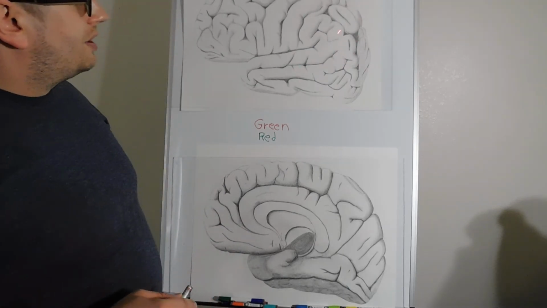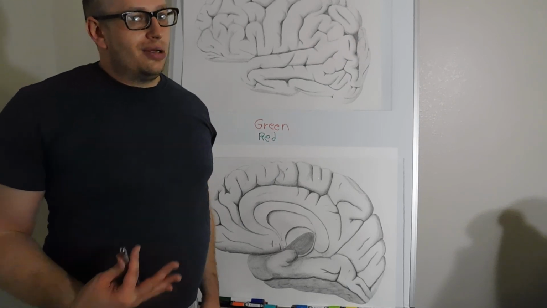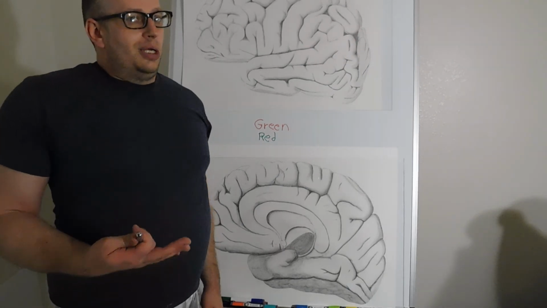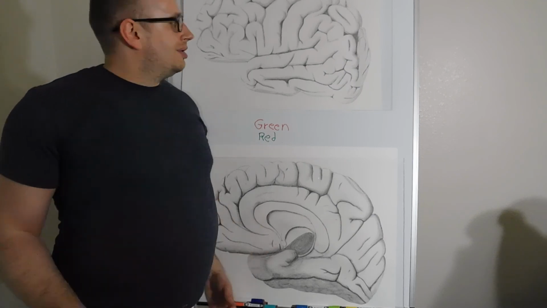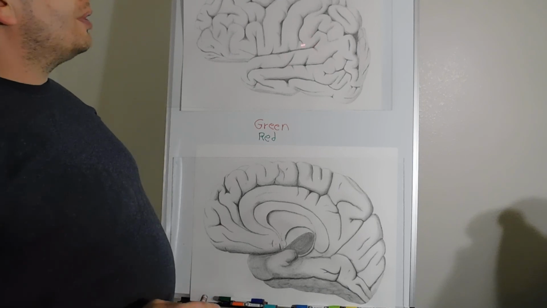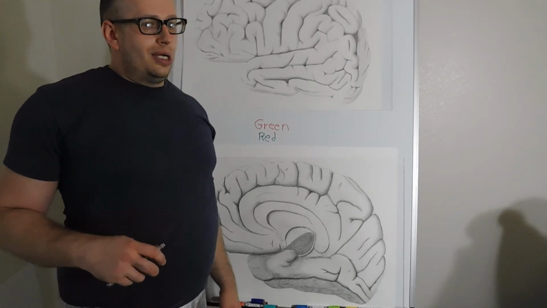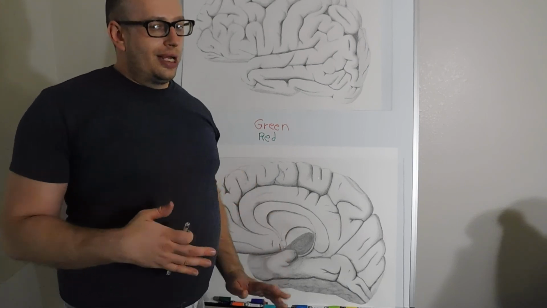If you have damage to this area, or maybe even this area, you can't calculate things. You can't tell what's left and what's right, for example, if you have damage to these areas. This is profound, though, when it's on the right side of the brain. The right side of the brain has more area that's not devoted to language.